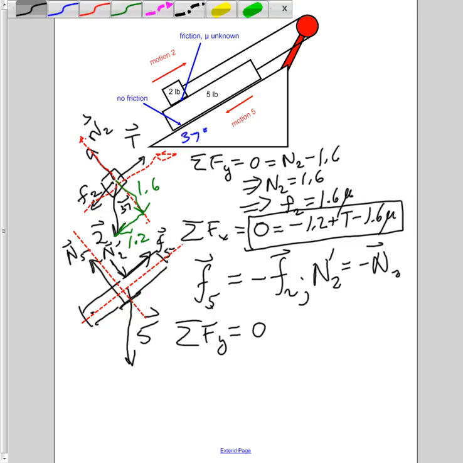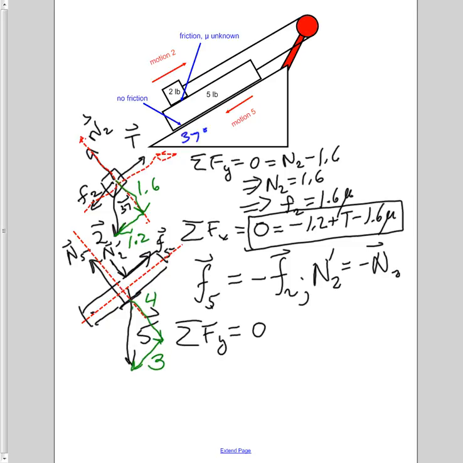And so now we need to resolve our forces. Once again, the only one that we need to resolve is this 5. So let's find the components of 5. Here is one component, here's the other component. If this is 5, then this is 4 and this is 3 in magnitude.